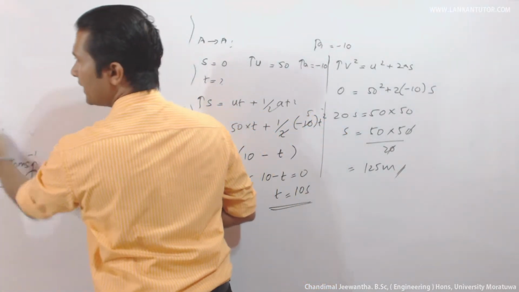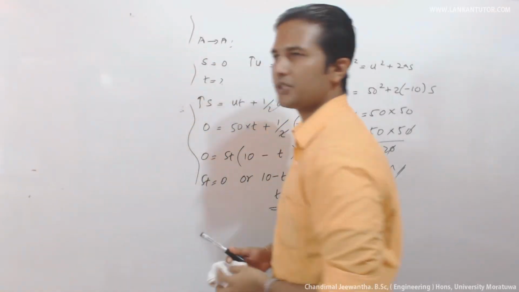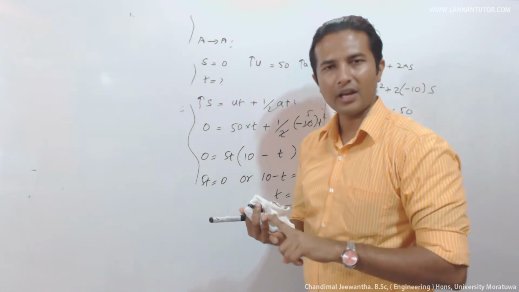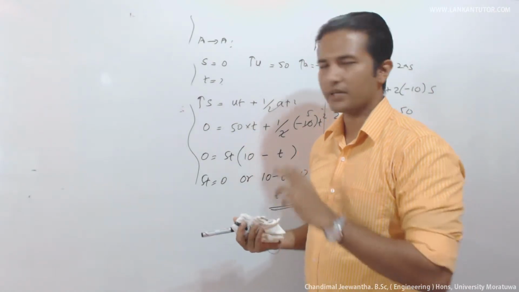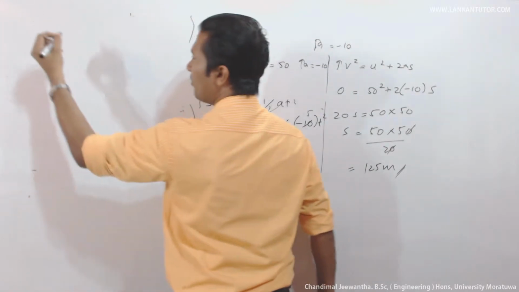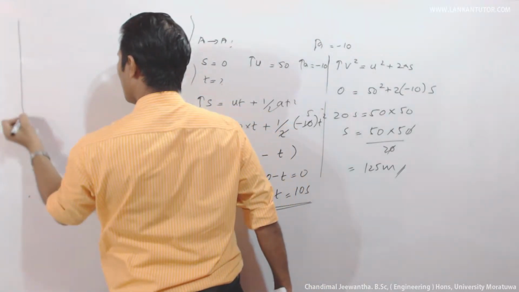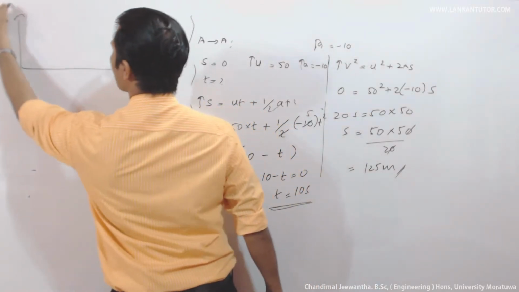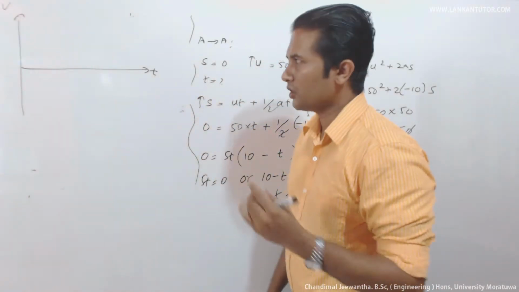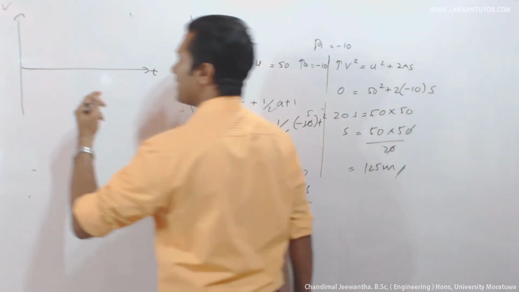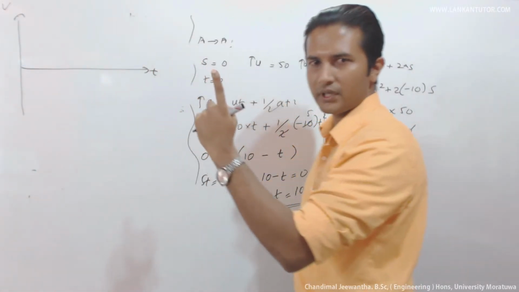Now we can consider the displacement time graph, velocity time graph, and acceleration time graph for the above object. What would be the velocity time graph? The velocity decreases, which means there is a retardation towards upwards.